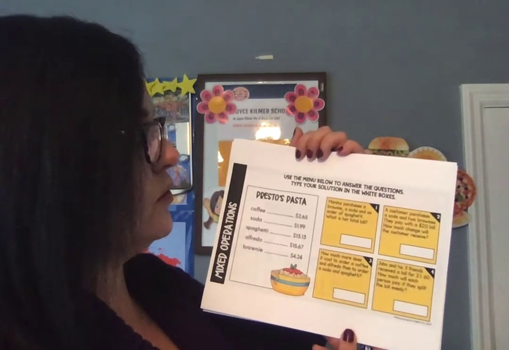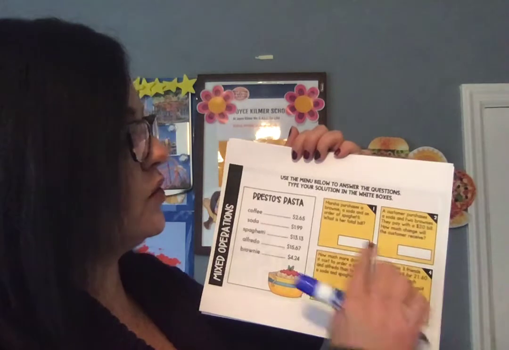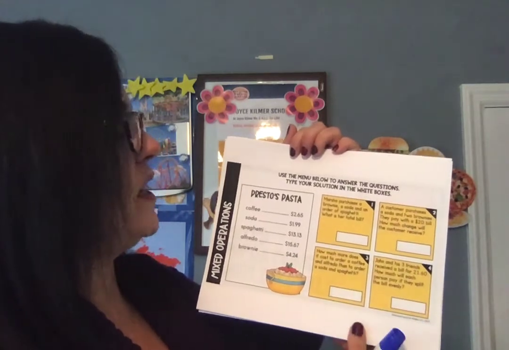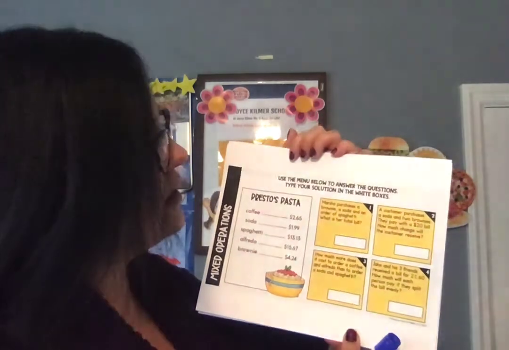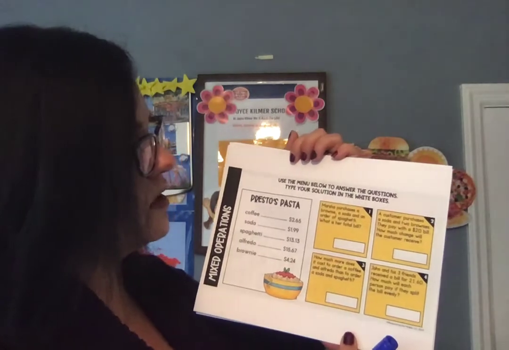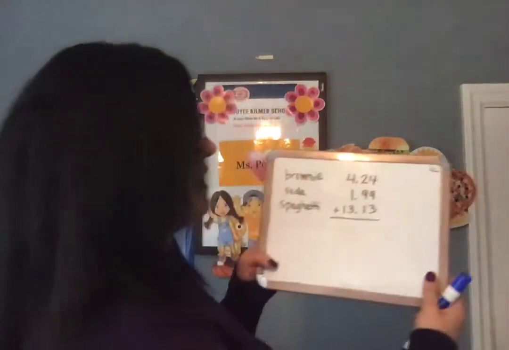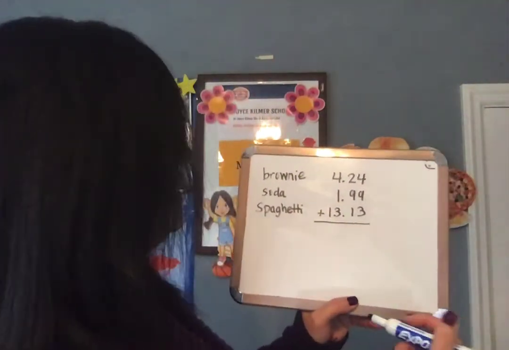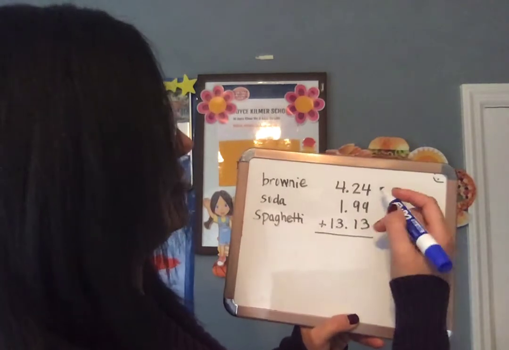What is her total bill? So when we see the word total, we know that we need to add it up. We need to add up the brownie, soda, and the order of spaghetti. So let's go ahead and do that. So we have our brownie. We'll add that to soda and our spaghetti, okay?